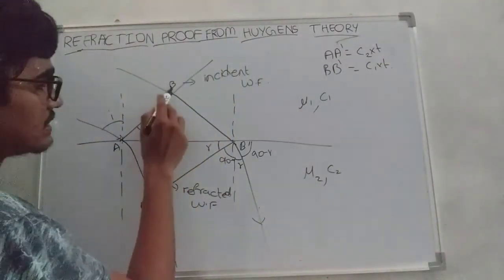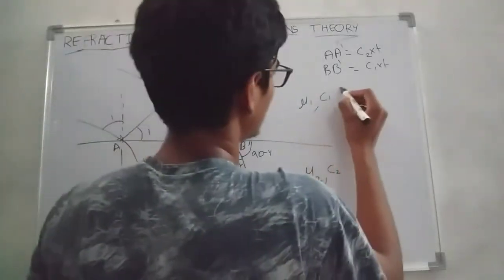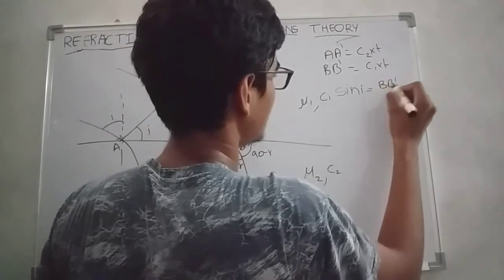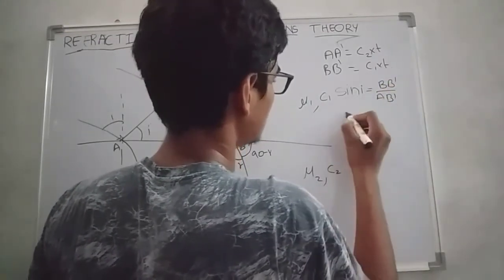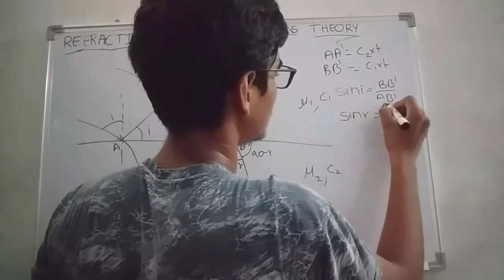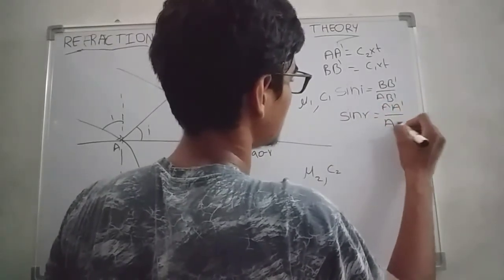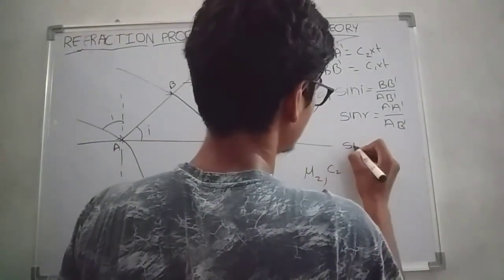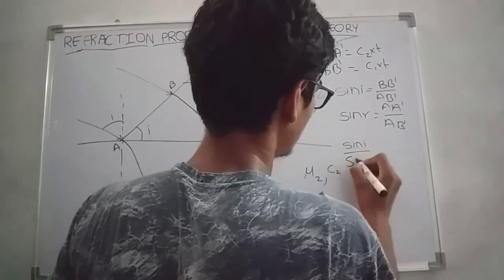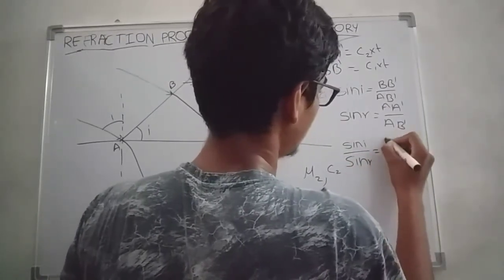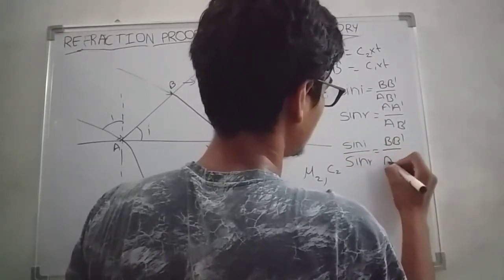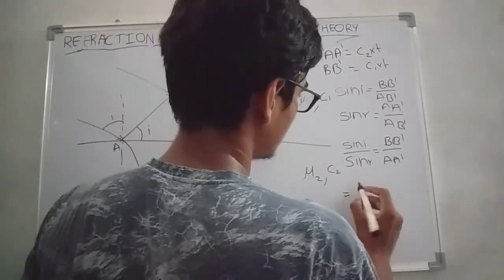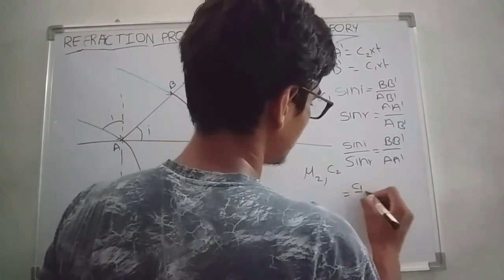Here sin I is B dash by AB dash. Sin R is equal to A dash by AB dash. So sin I by sin R is equal to B dash by A dash, which is equal to c1 by c2.